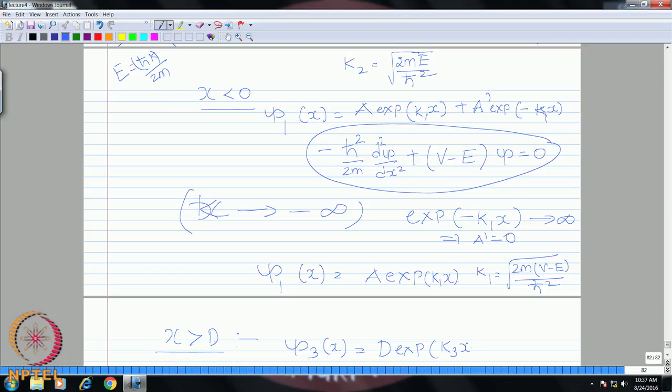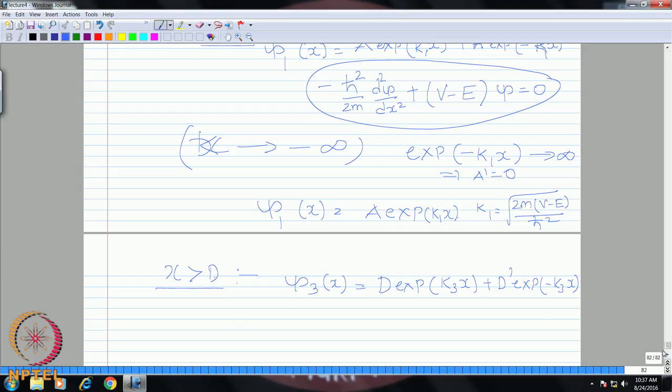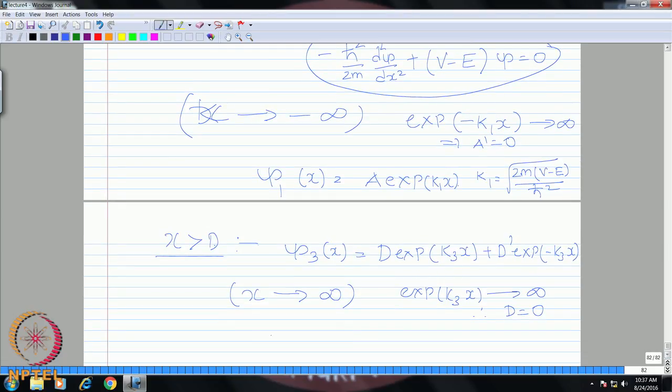exponential k3 x plus d prime exponential minus k3 x. Once again we can put the condition x going to infinity. So, your exponential k3 x goes to infinity, and therefore d equal to 0. Or let me call this d prime and d, so that the d prime part gets eliminated.